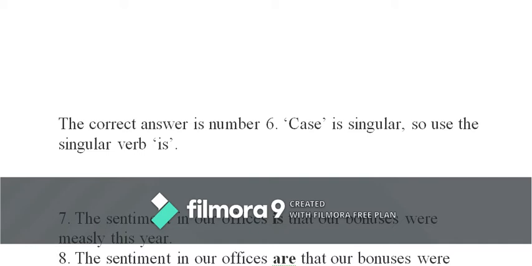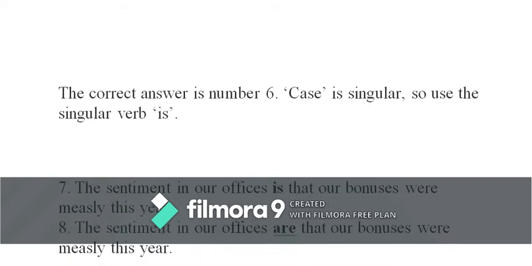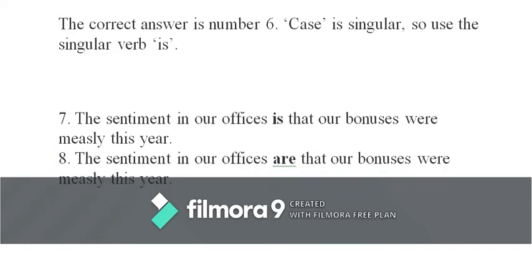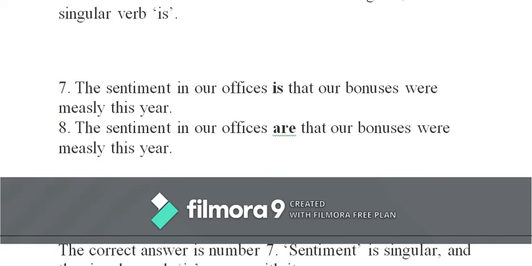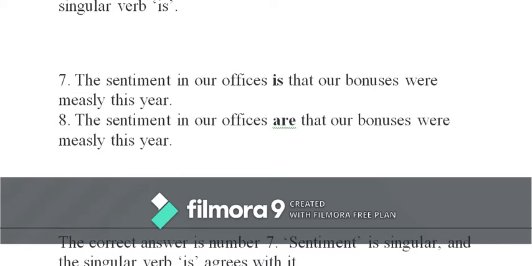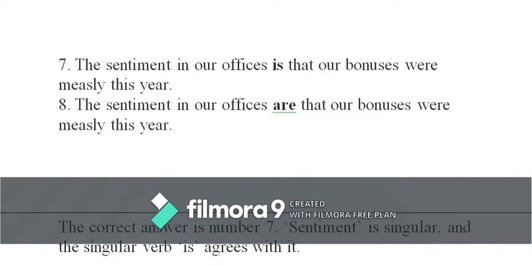So the sentiment in our offices is that our bonuses were measly this year. Sentence number 7 seems correct. Let us check. The correct answer is number 7. Sentiment is singular, and the singular verb is agrees with it.